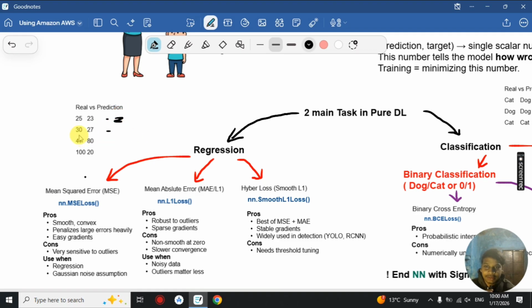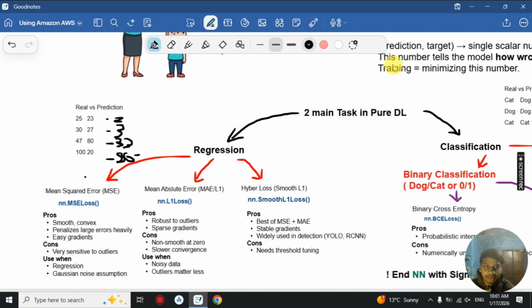Here the difference is 3, so it will be a higher loss than the first value. Here the value is very far away, so the loss will be very high, and finally here the loss is maximum. The difference is 80, so the loss will be very high.